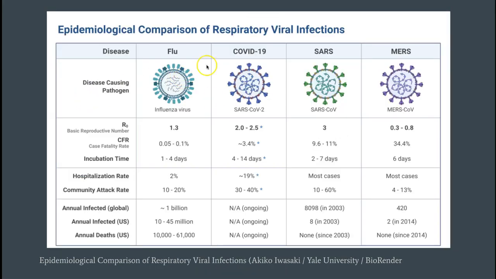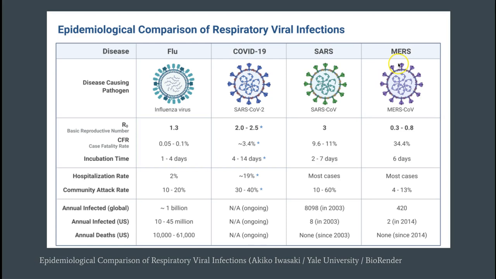This right here is an epidemiological comparison of respiratory viruses. I really like this because it compares influenza with SARS and MERS along with the new SARS virus, COVID-19. SARS coronavirus emerged in November 2002 and caused severe acute respiratory distress syndrome, hence its name SARS. The virus ultimately disappeared in 2004.